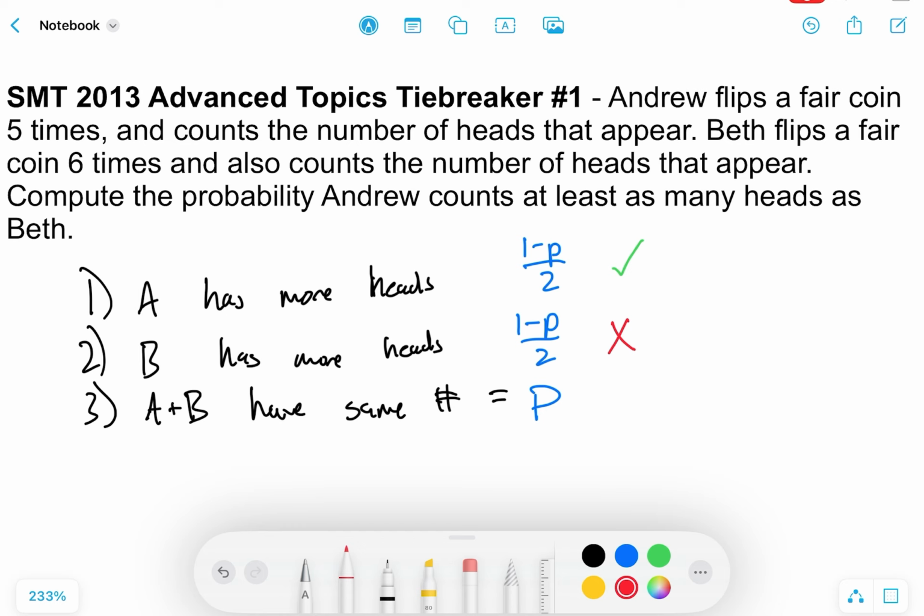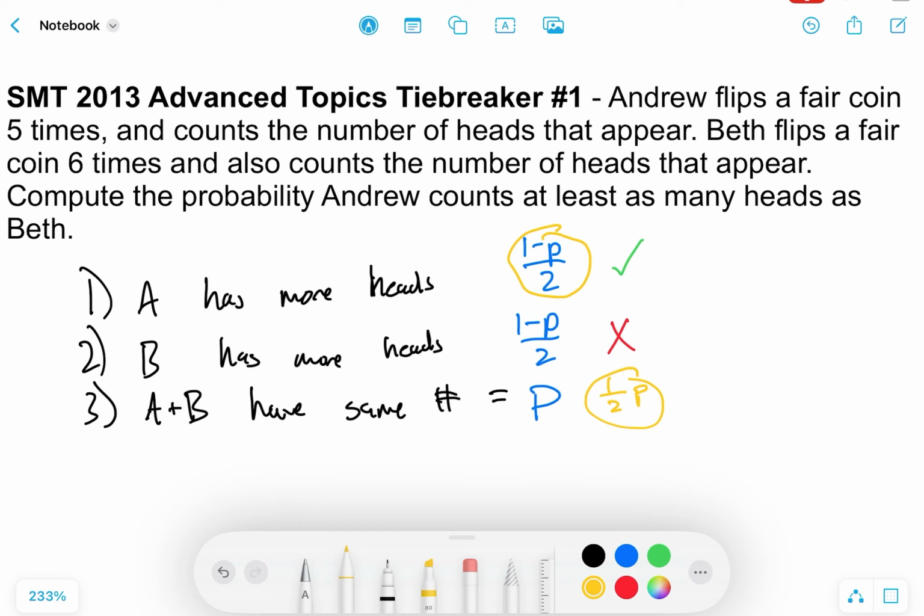Since this coin is fair, there's a 1/2 probability of each. So we're going to have a 1/2 P probability of Andrew getting at least as many heads as Beth. Okay, so this subcase is successful, and case 1 is also successful.